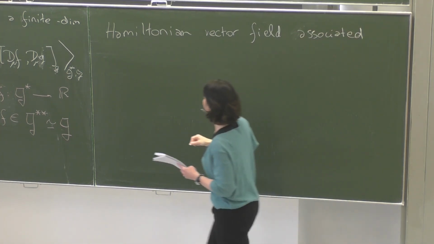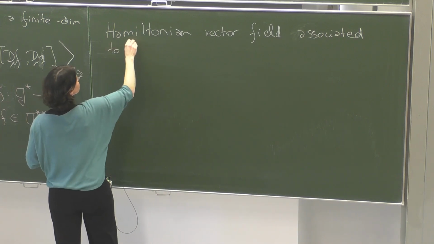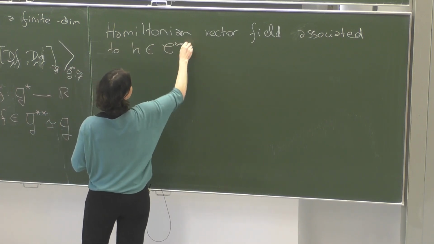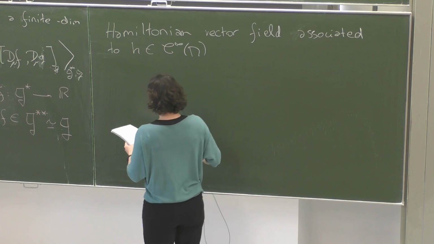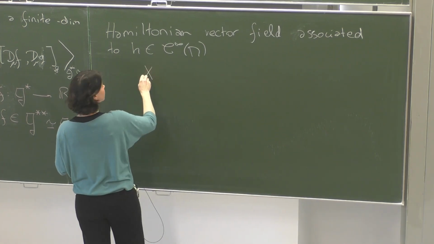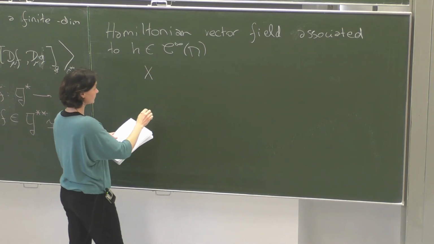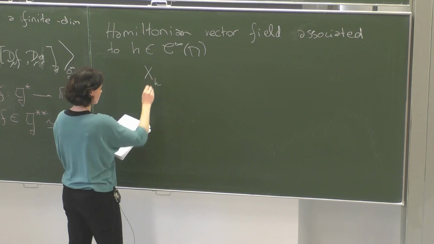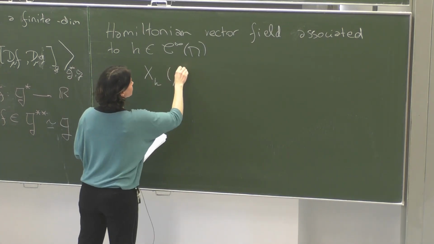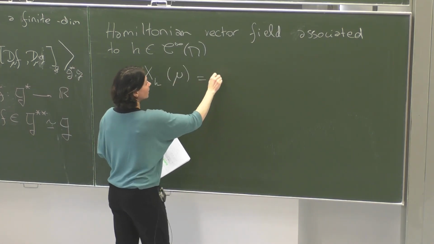So the vector field, in this case, associated to a function h, smooth function on M, is simply, and here I will use adjoint, coadjoint notation.